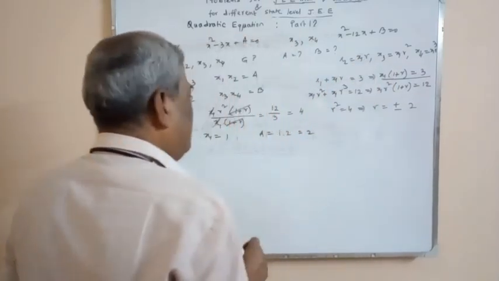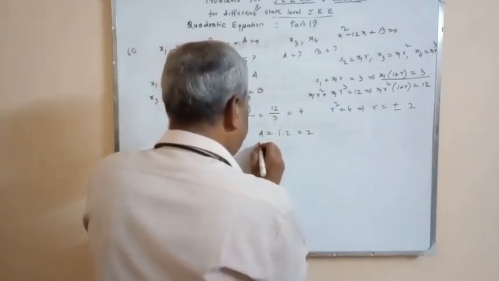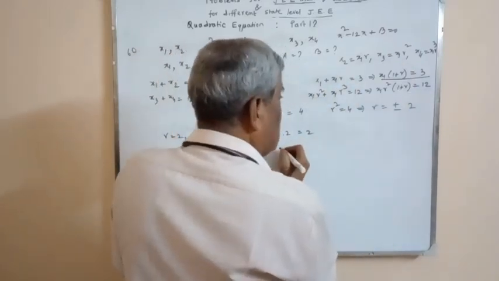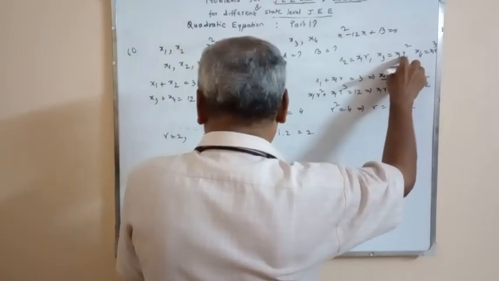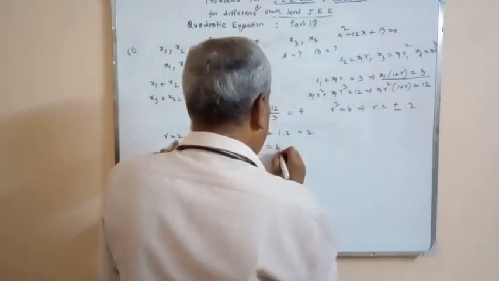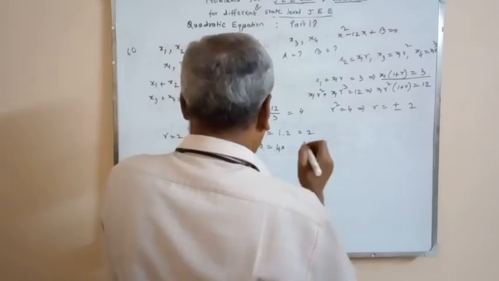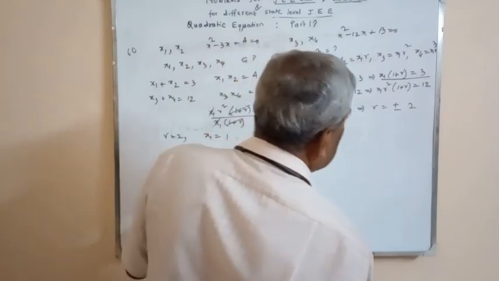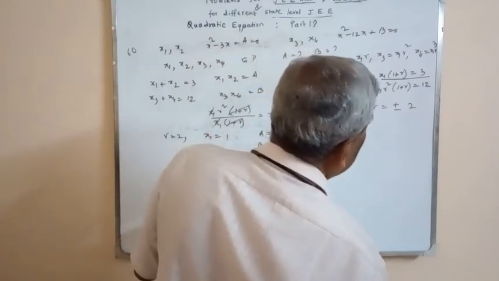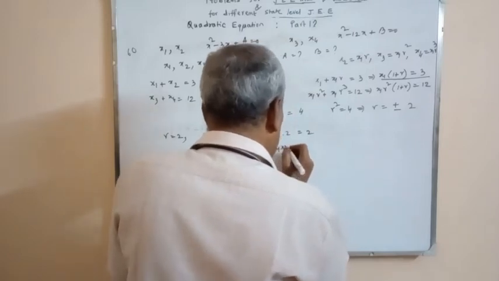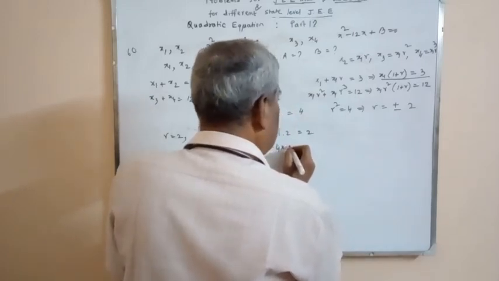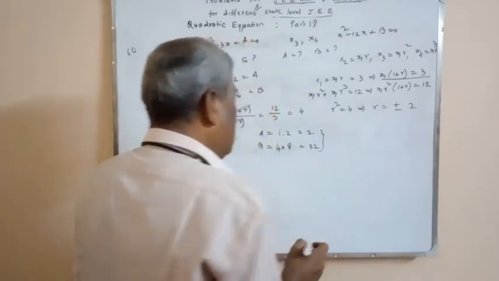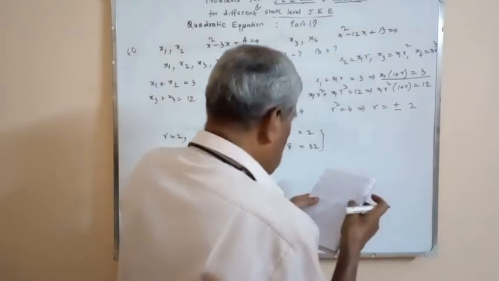So A is equal to 2, and B is equal to x3 into x4. x3 is x1 r square, that is 1 into 4, into x4, which is x1 into r cube. x1 is 1, r cube is 8, that is 2 cube, so we get 32. So we get one set of values of A and B as 2 and 32.